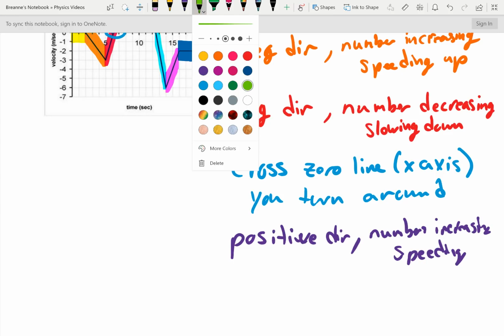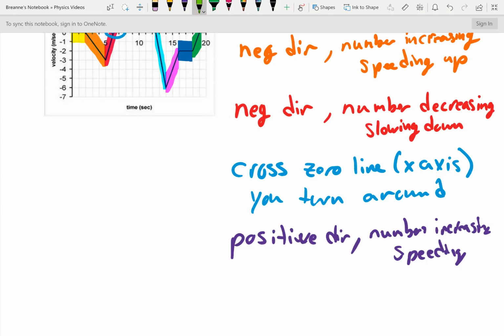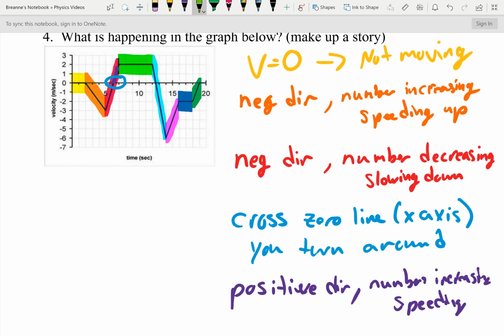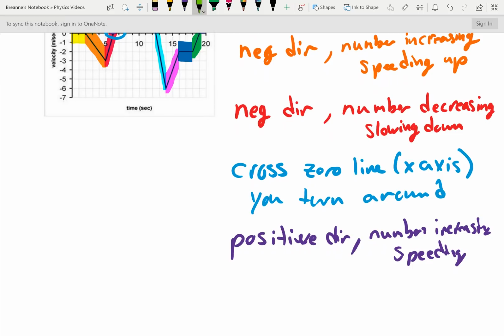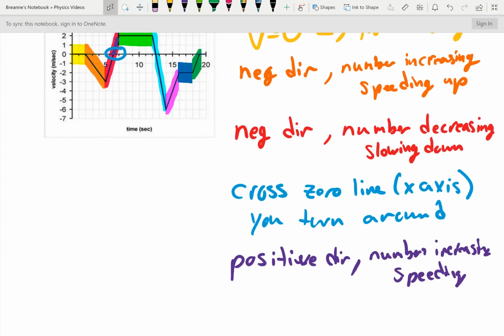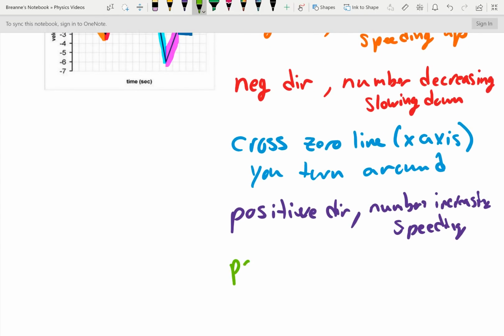So the next part of your graph, you have a straight horizontal line. Now this is a velocity time graph, so that means your velocity is constant. You're above the 0, so you're in a positive direction, but your numbers aren't changing.